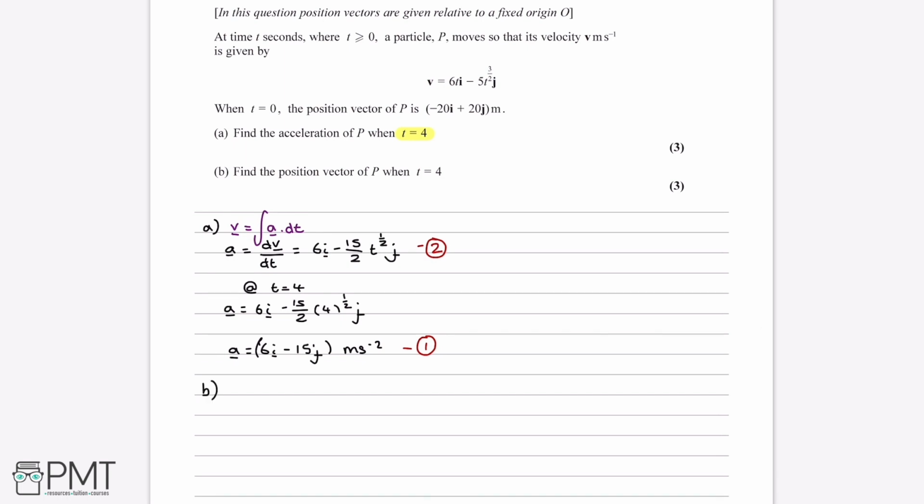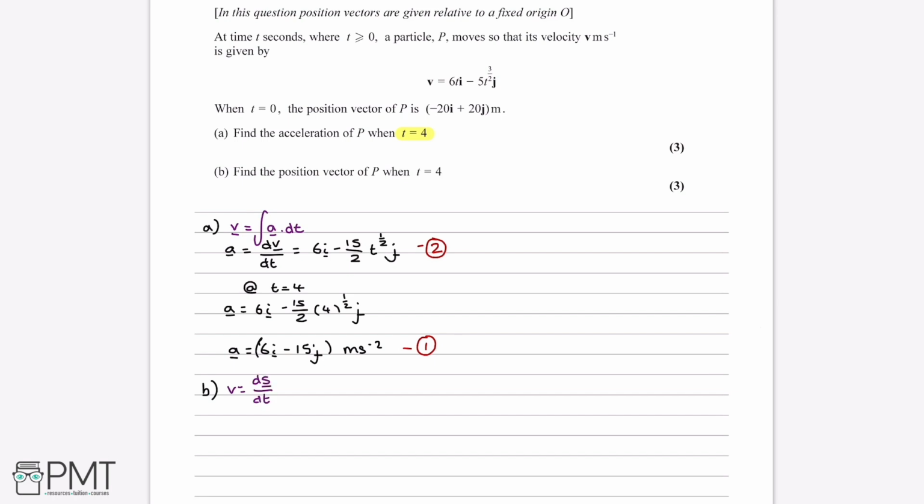Now part B wants us to find the position vector of P when t is equal to 4. Position vector is to do with distance, or we could call it displacement. The relationship between velocity and displacement is that velocity is the derivative of displacement. So v is equal to ds by dt, where we denote displacement with an s.